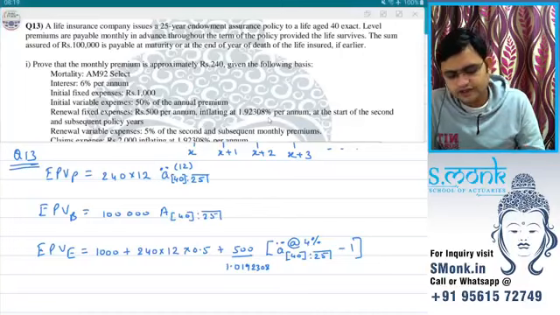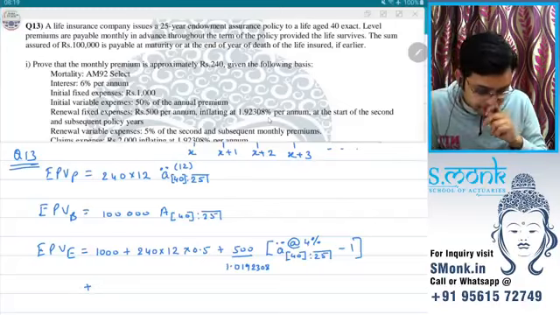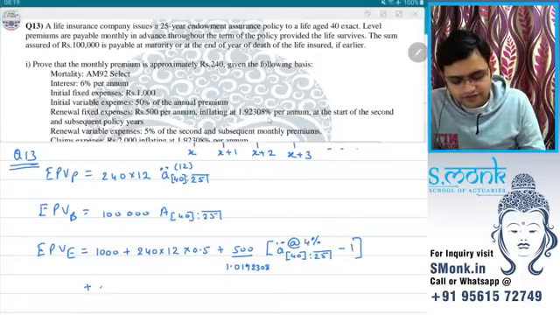Then the variable expense, because we are talking about starting from the second and subsequent monthly premiums. Okay, so we'll have 5% into 240 into 12.